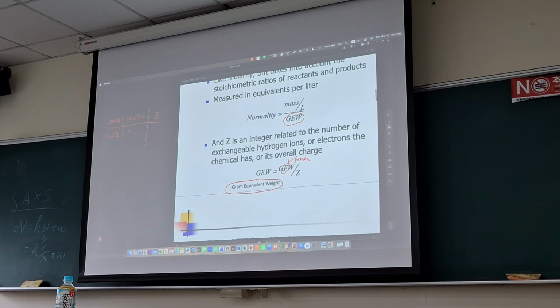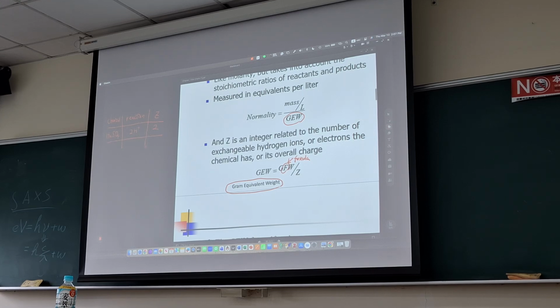For sulfuric acid, 2 protons will be released, so Z will be 2. For sodium hydroxide, 1 hydroxide group will be released, so Z will be 1. And for sulfate ions, the sulfate group alone, we have to look at the charge. The charge equals 2, right? So the charge equals Z.